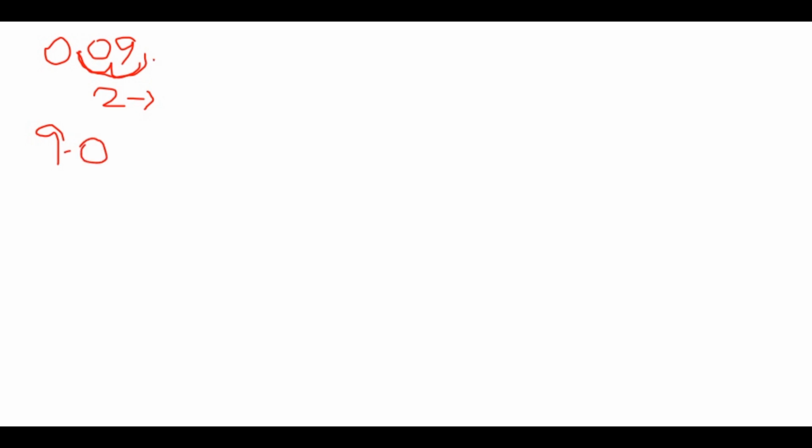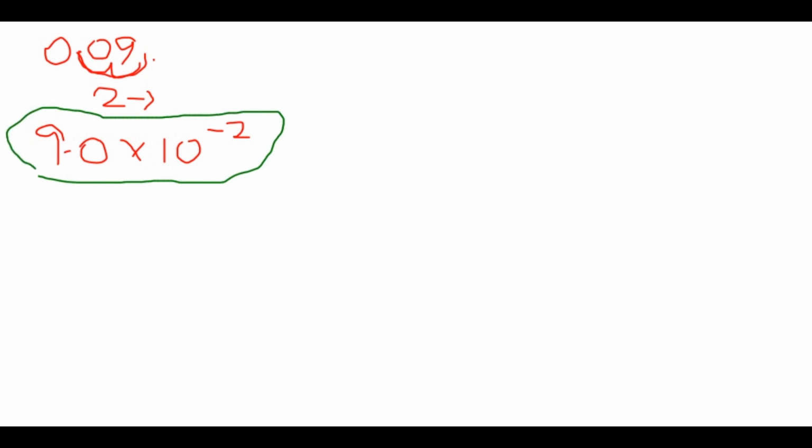You can see it as 9.0 since the decimal point is behind the 9, which makes these other zeros insignificant. So it's going to be 9.0 times 10 to the power of negative 2. So this is the answer.